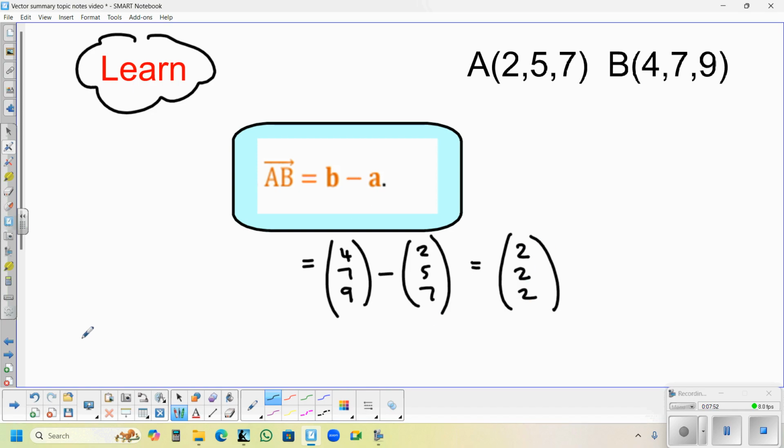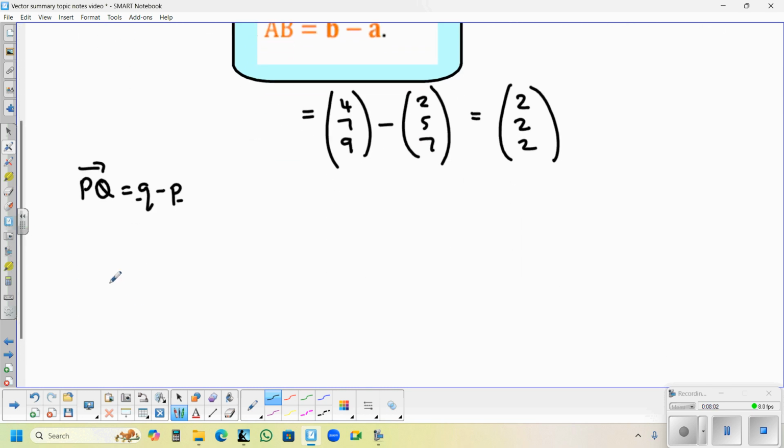Now that can work for any letter. PQ vector is small q minus p. Now sometimes you're asked to work out the magnitude, so you could be given something like the coordinates of M are say (2, 1, 3). Coordinates of N are (5, -1, 6).